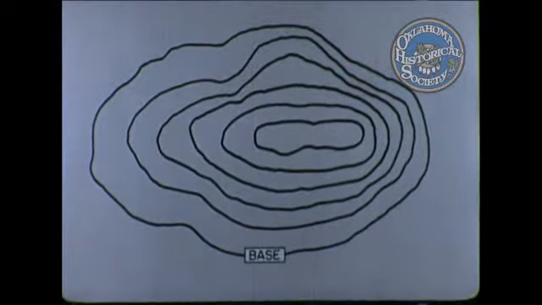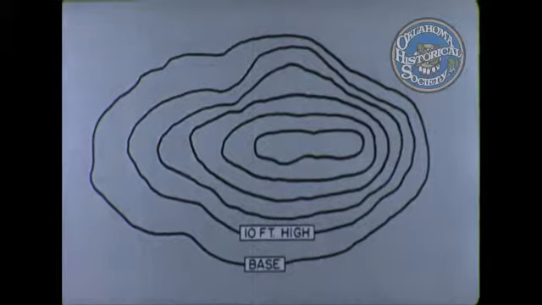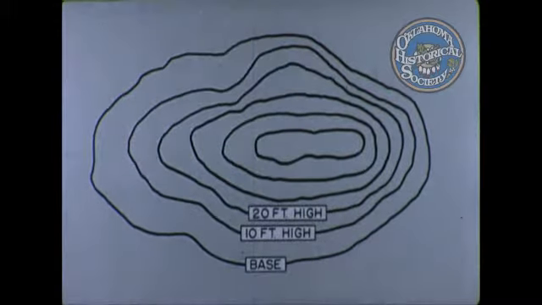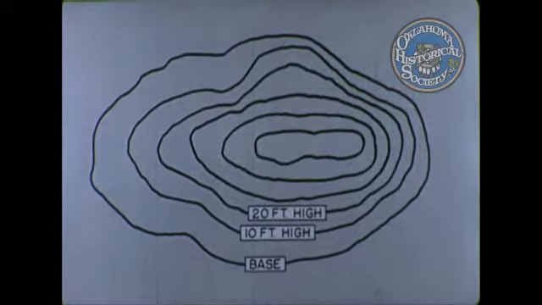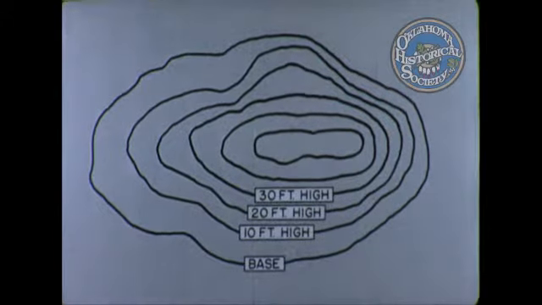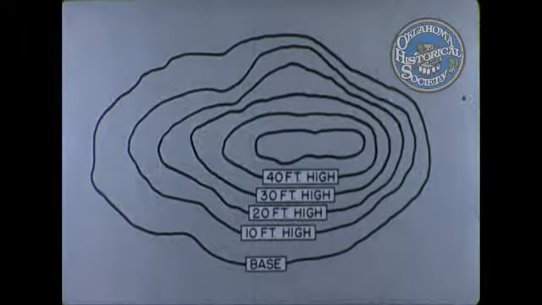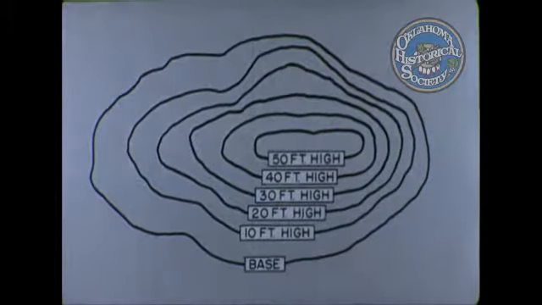Every contour is a continuous closed curve. The curve may not close within the limits of the map, in which case the ends pass off the map and meet somewhere on the outside. The small closed contour with no others within it indicates approximately the top of the hill. It is 50 feet high.